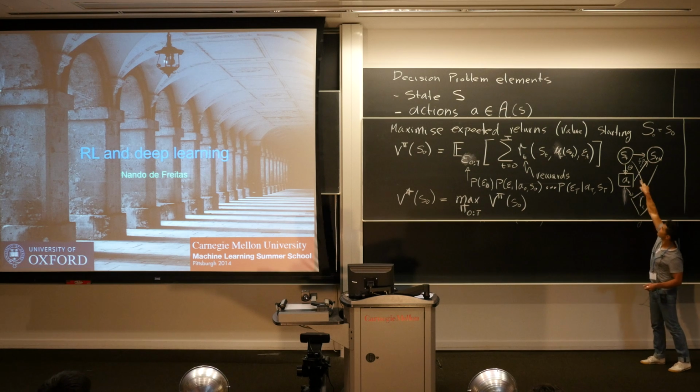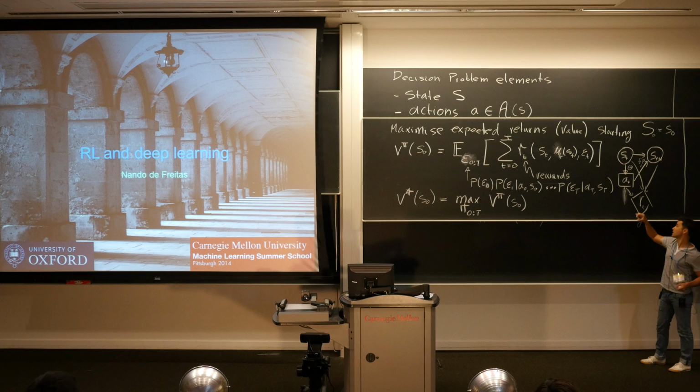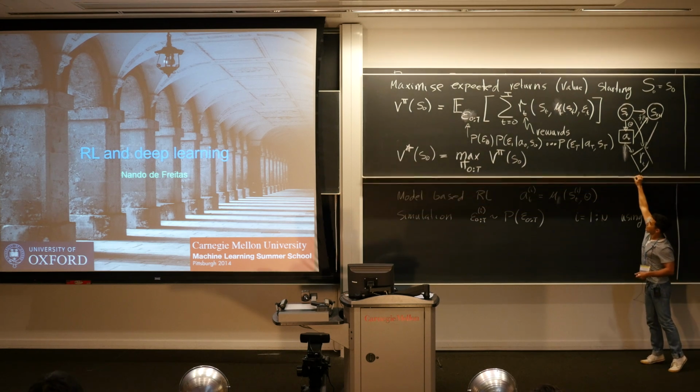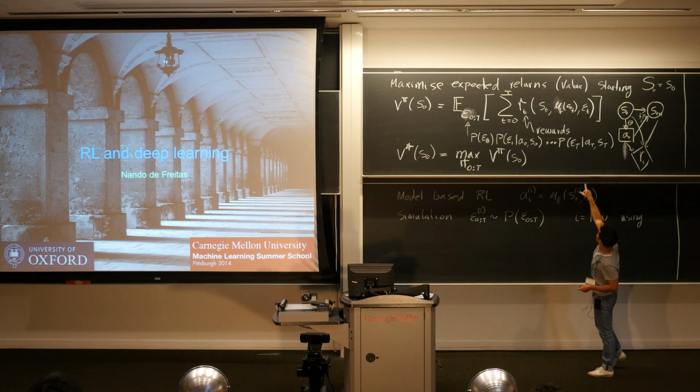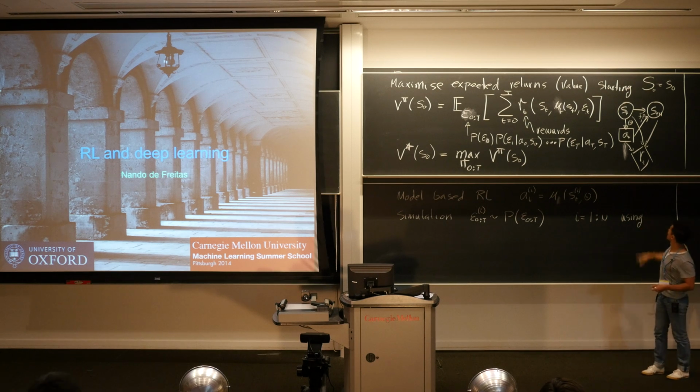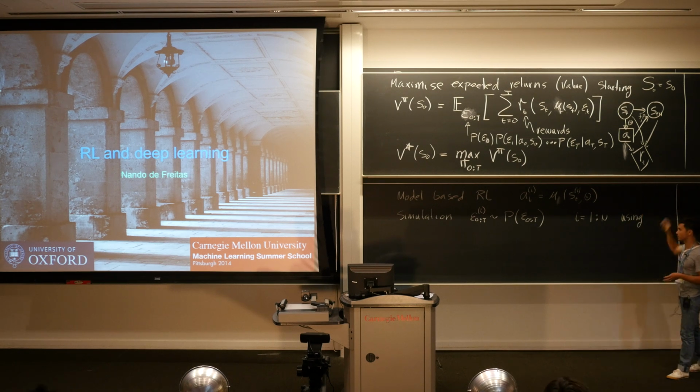Usually we use round circles to indicate random variables, boxes to indicate actions, and diamonds to indicate rewards. In my construction, I'm making the reward a function of s, mu, and epsilon. Often, the reward is just a function of s and mu as well, and you could derive everything just by doing it that way. That's not terribly important. I've just picked these notations, and I'm going to stick to them.